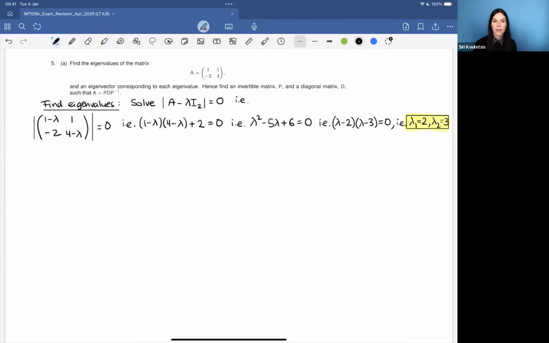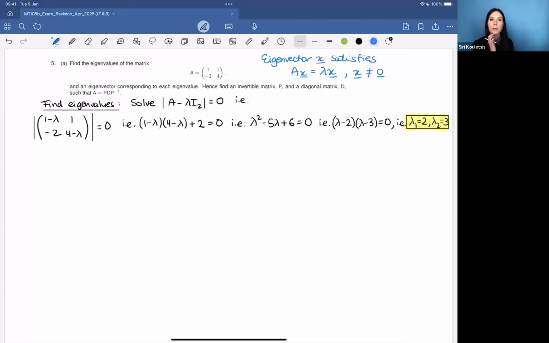Now for each of these values of lambda, we need to find a corresponding eigenvector. Let's remind ourselves what an eigenvector satisfies, which is the following equation: the matrix A times X equals lambda X, where lambda is some real number, and the vector X is not the 0 vector.